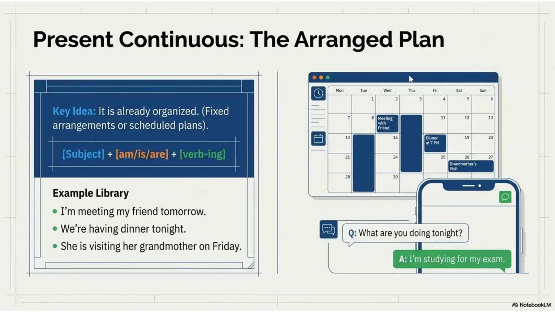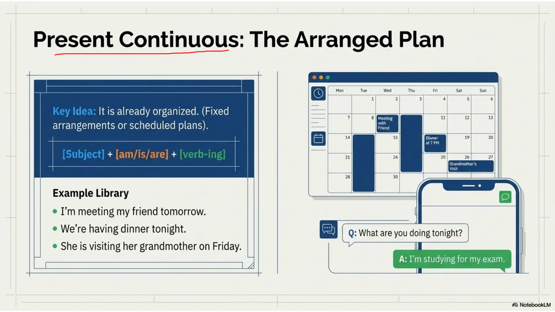Okay, so we can use the present continuous for a future action. And when we use it, it's because we want to state that we have arranged everything for that activity.